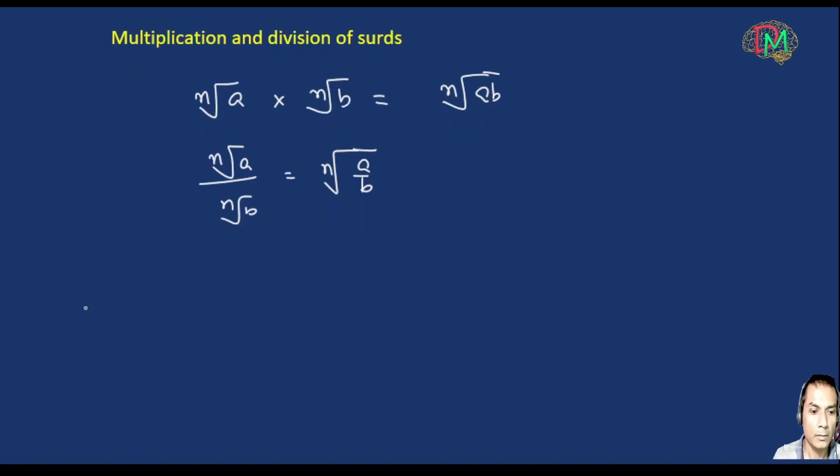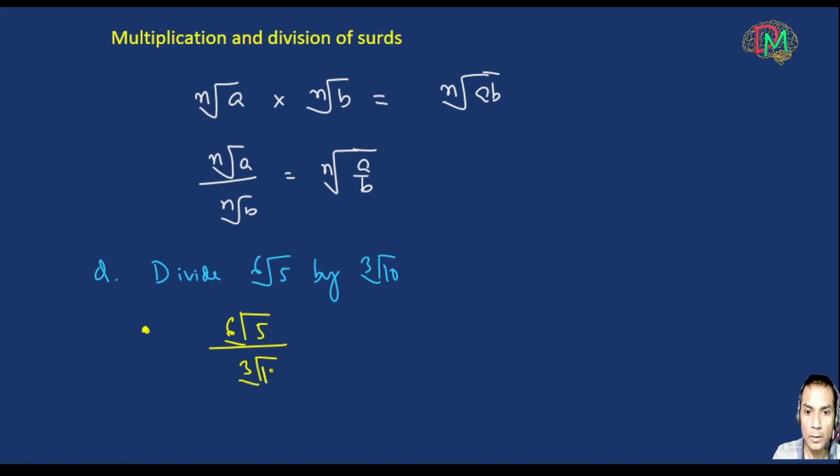Let's take one example. The question is: divide 6 root 5 by 3 root 10. How can you do that? So 6 root 5 divided by 3 root 10. This is the question. Then take the LCM of the orders 3 and 6, to make the same order, which is 6. The 6th root stays the same, and for the 3rd root, we raise to the power 2 to make it the 6th root.